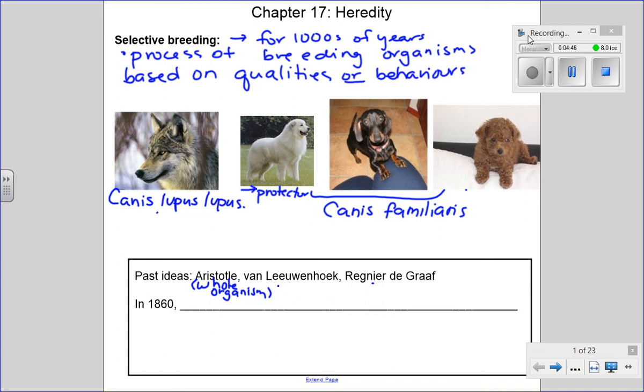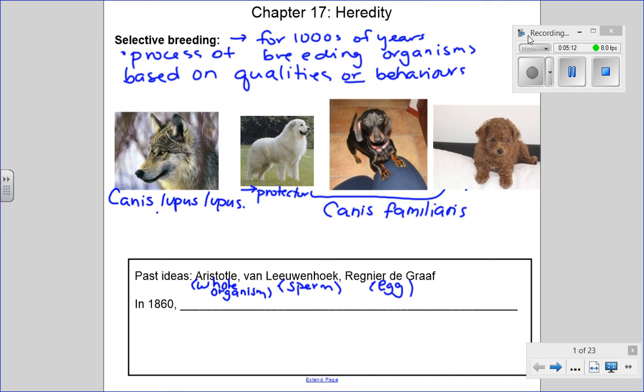Then some scientists thought that it was only the sperm cell that determined what characteristics the offspring would have. So this is Van Leeuwenhoek. Maybe you heard about him in Science 10. He did a lot of microscope-related stuff. Then you have Regnier de Graaf. He thought that it was the egg cell that was determining the characteristics of the offspring.